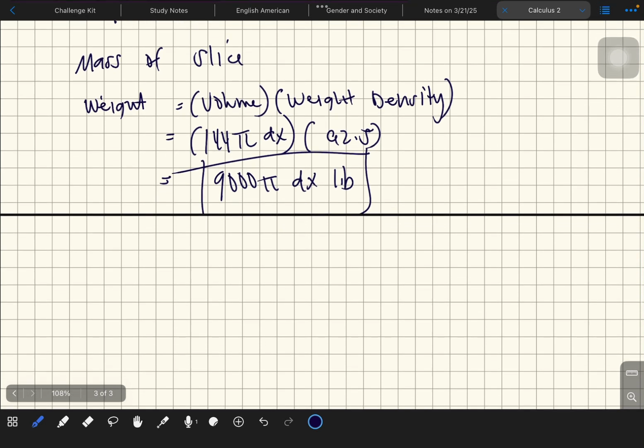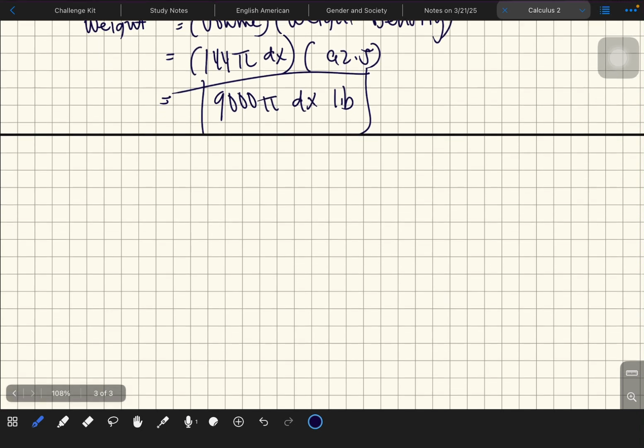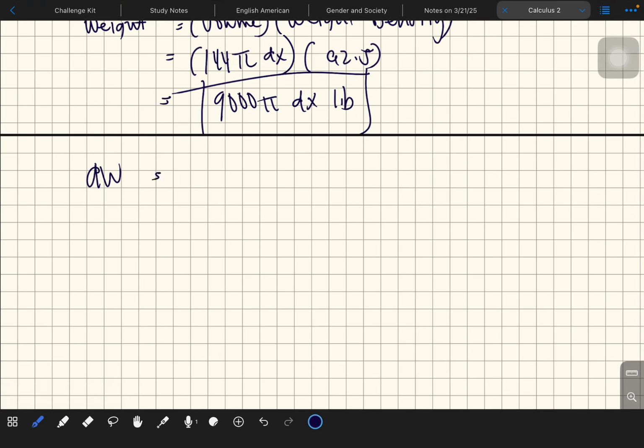Each slice is at a depth x from the bottom, so it must be lifted a distance of 5 minus x feet to exit the pool. So the lifted distance must be 5 minus x. So the work to lift the slice, dW, is equal to weight times the lifting distance.